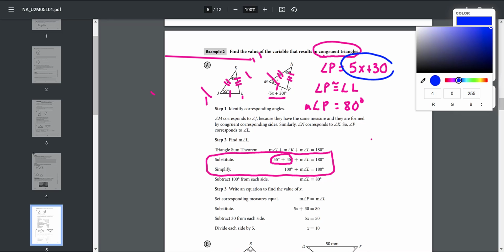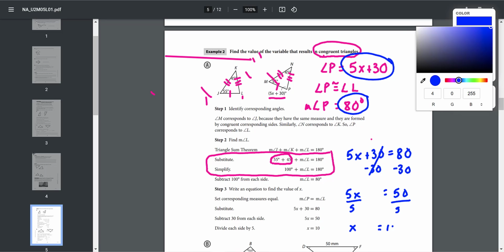Which means to solve for x, we're going to set 5x plus 30 equal to 80. I'm going to subtract 30 from both sides and then divide both sides by 5. So x equals 10.